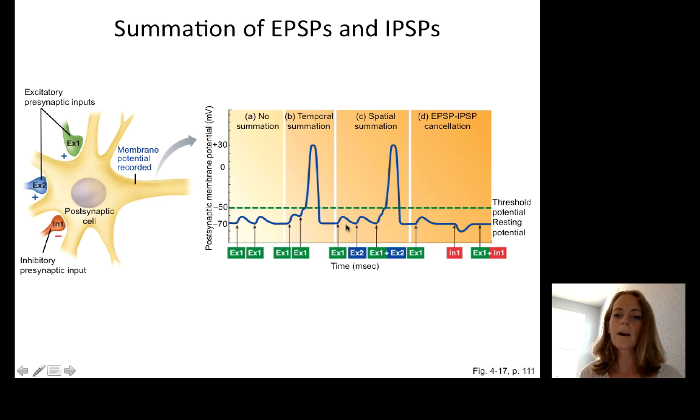If they're too far apart, the graded potentials are local, so they will dissipate. That won't work either. So they have to be close together in space. They add up, action potential. We cannot get a threshold from adding an inhibitory input. That's going to quiet the cell or cancel out the excitatory input.